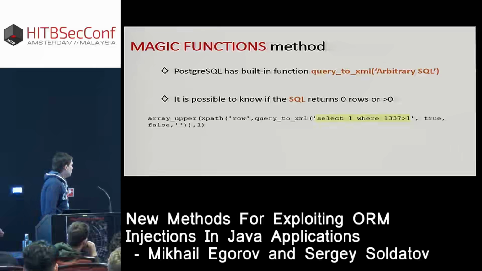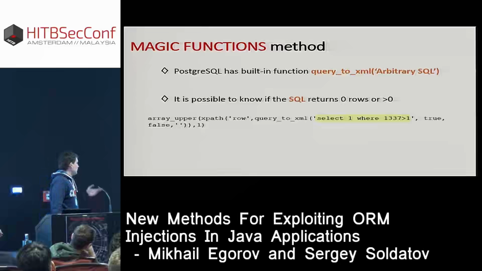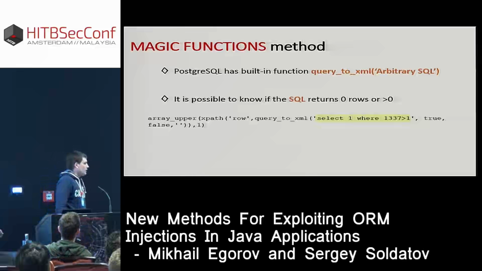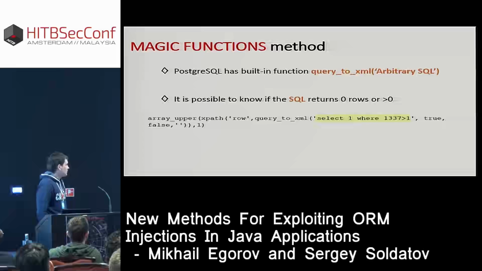That is why we need to surround it with XPath and array_upper function calls additionally. So if we use the following expression shown on the bottom of the slide in an HQL query, we can infer whether the SQL query marked yellow returns 0 or more rows.